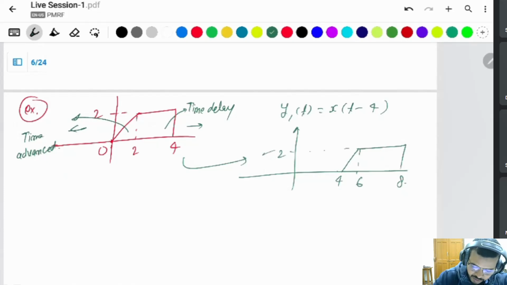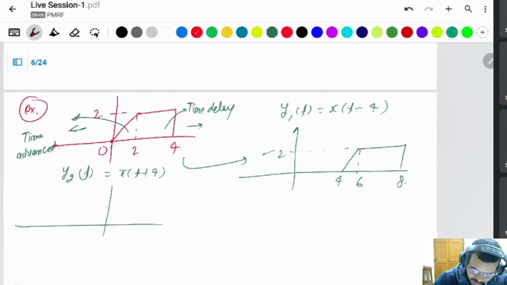Same thing if you shift to the left for the advance, you take x(t + 4). Then it is shifted to the left, starting from -4: 0 becomes -4, and 2 becomes -2.